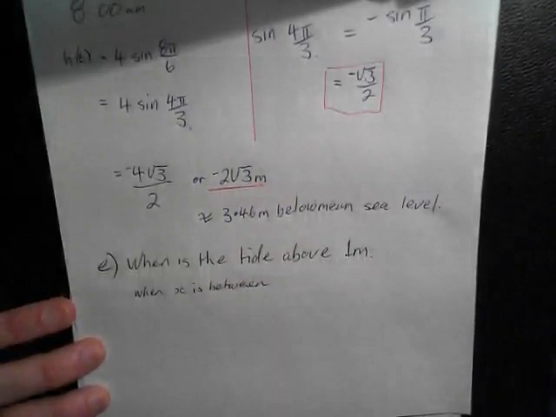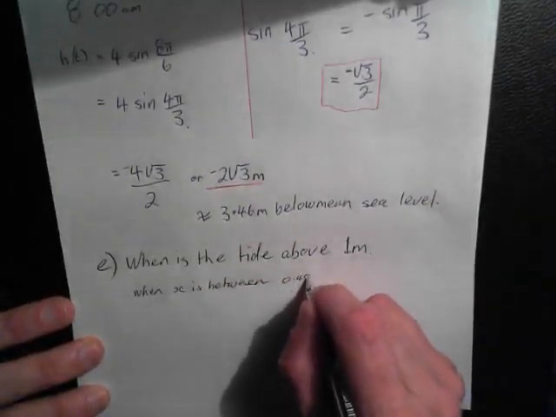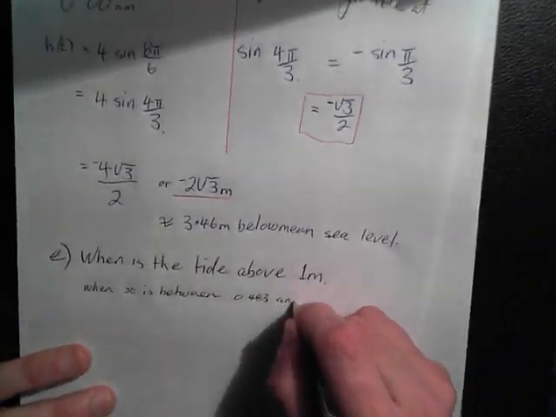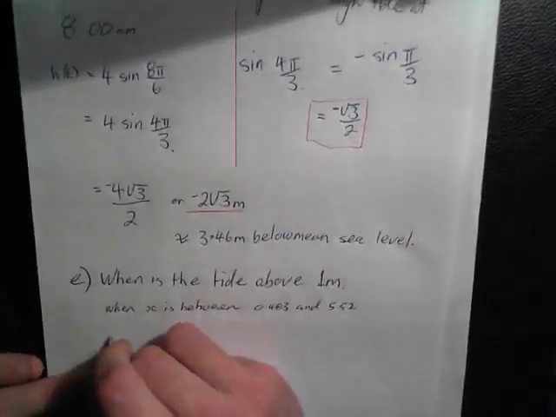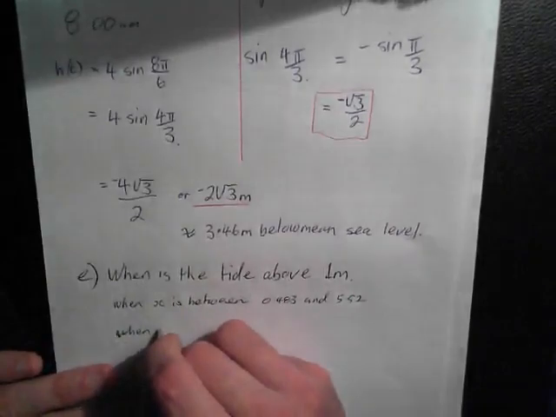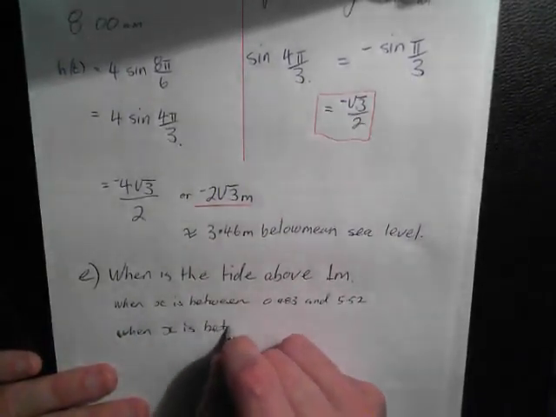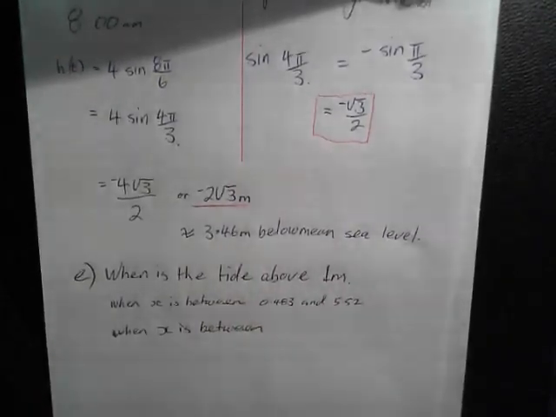I love when your CAS is trying to save battery like that. 0.483 and 5.52, and when x is between 12.5 and 17.5.